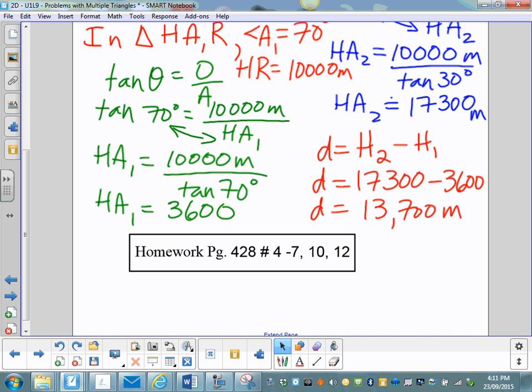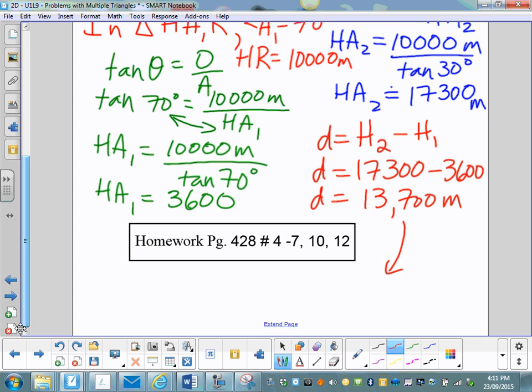Now, if we were actually getting the distance that a plane had flown, we're probably not going to get a distance the plane has flown in meters. So we really need to change that to kilometers. So 13,700 meters is the same as 13.7 kilometers.